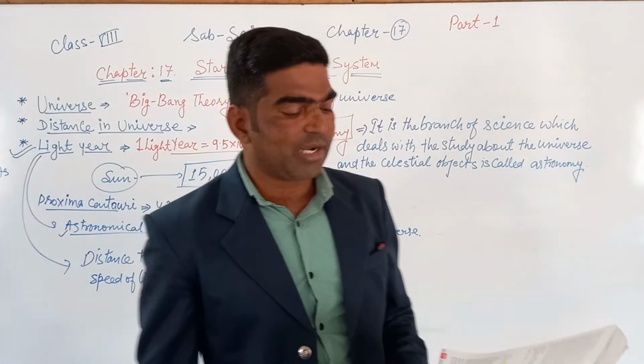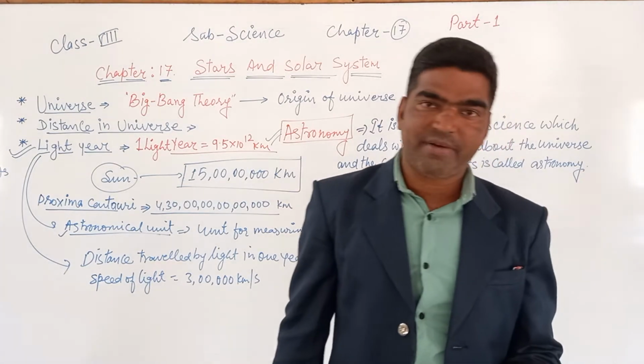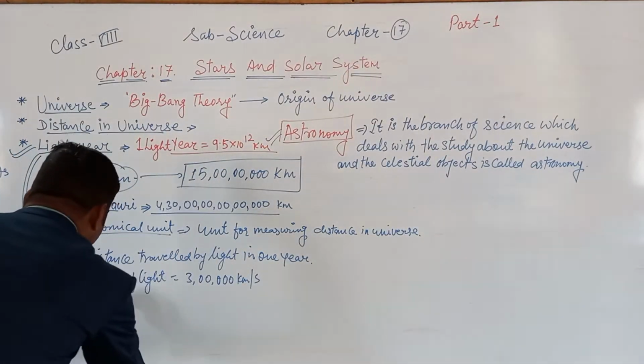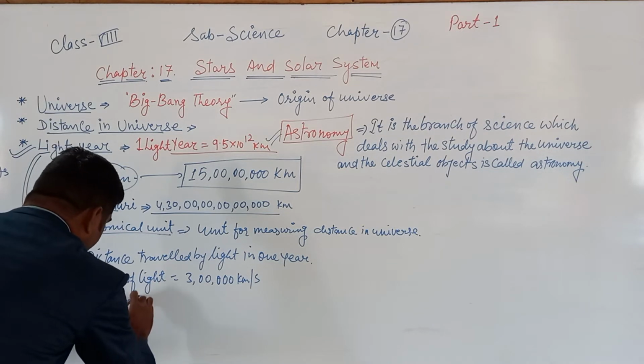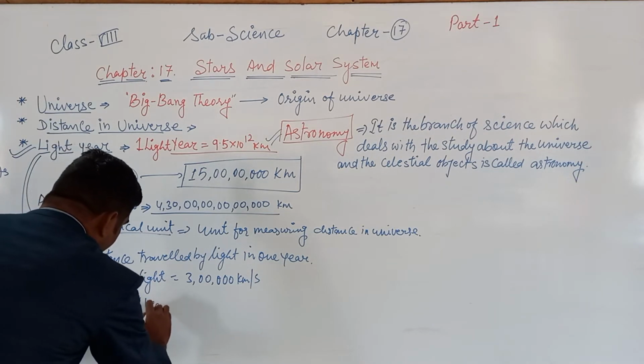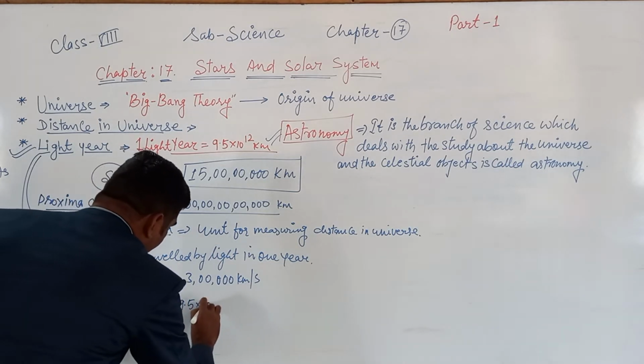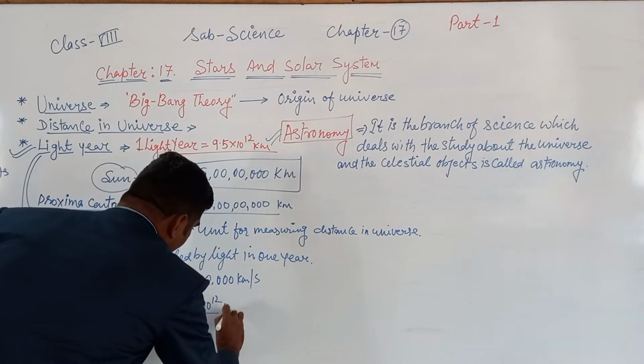So from this we can calculate the distance traveled by light in 1 year. So this 1 light year is equal to 9.5 into 10 raised to power 12 kilometer.